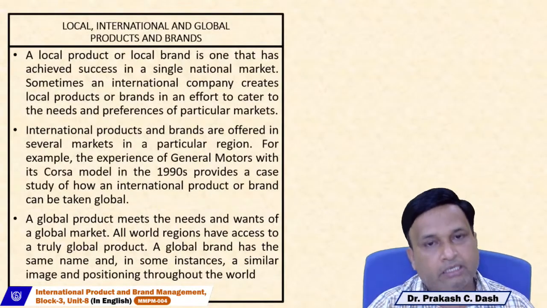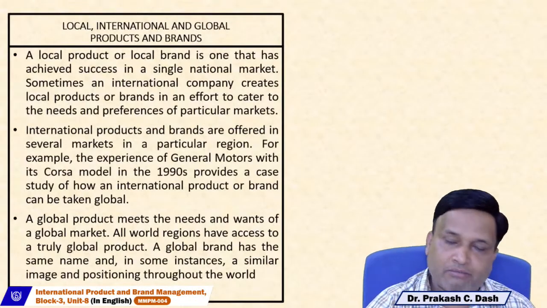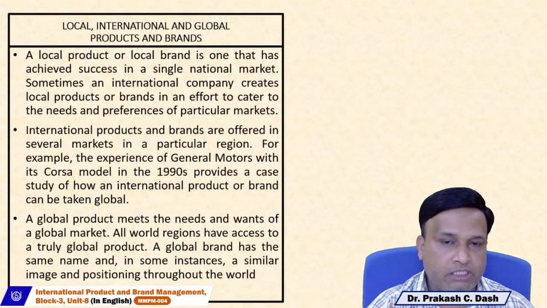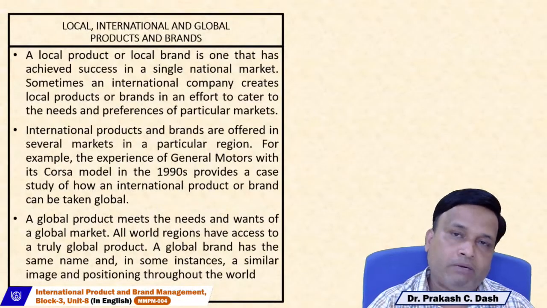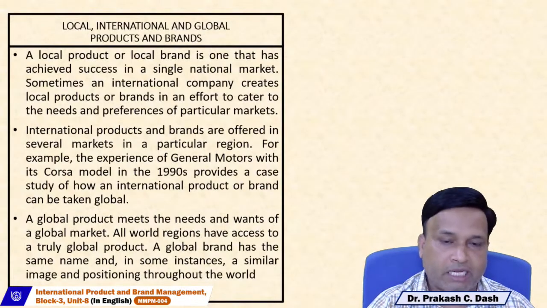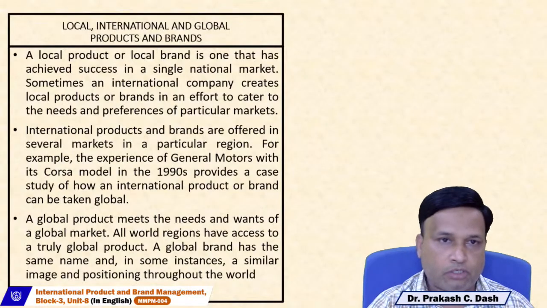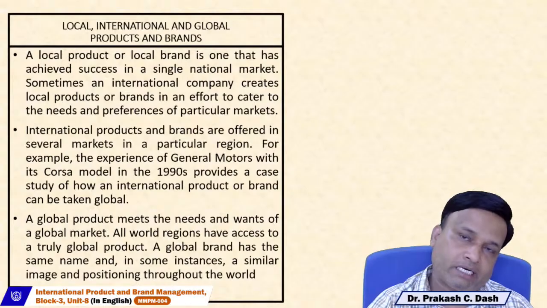A local brand caters to the needs of the local market. An international brand caters to the international market, where the product policy and brand policy will be different for different countries. But a global brand has to be similar across the globe. So three things: local brands, international brands, and global brands.